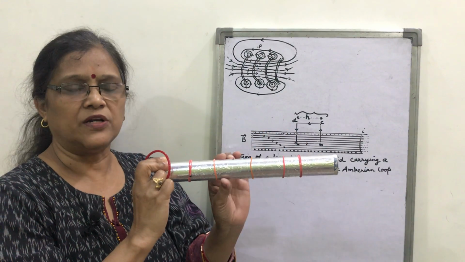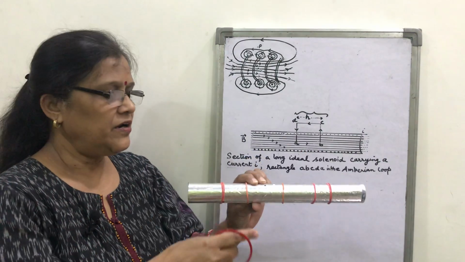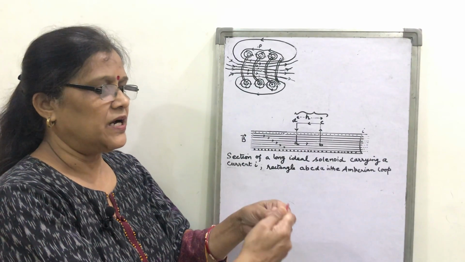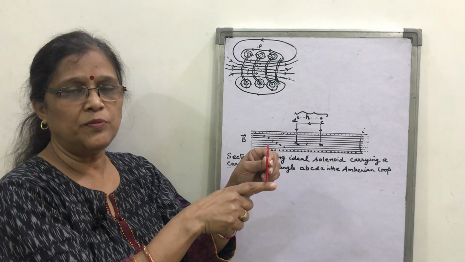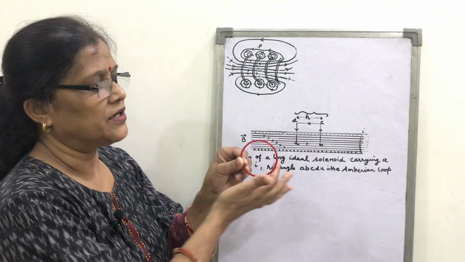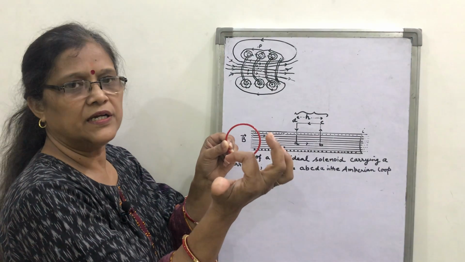This is the solenoid. If current is flowing through the copper wires, you have just seen that if current flows through a single loop, then that loop has a magnetic field at the center.